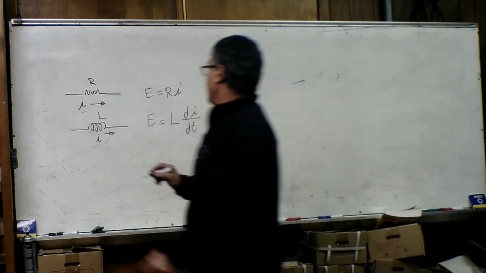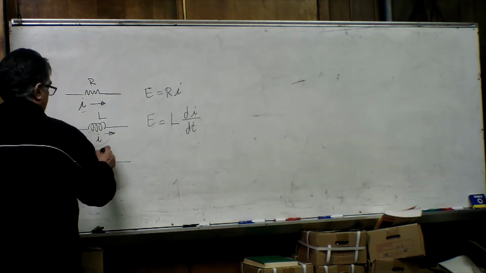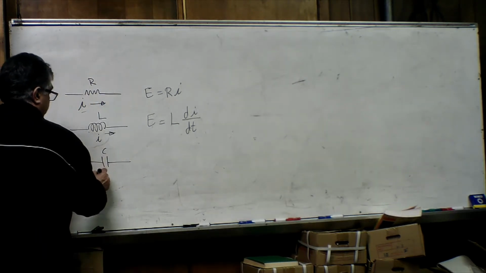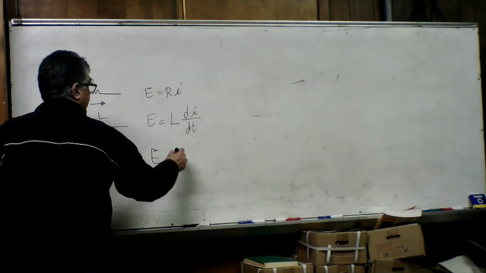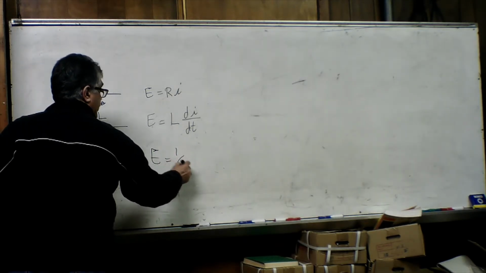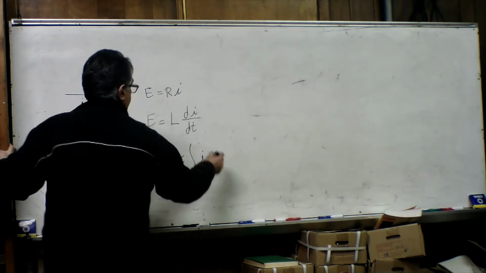And if we have a capacitor, and the current going through it, the voltage in this capacitor will be equal to 1 over C, the integration of I dt.